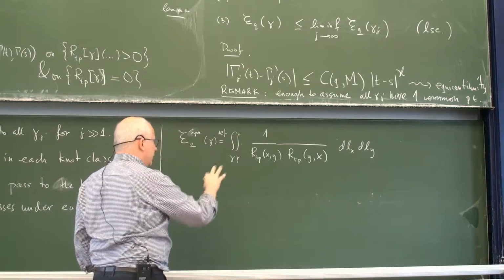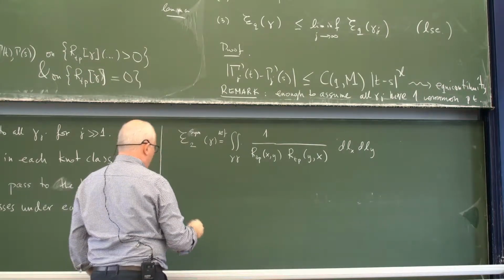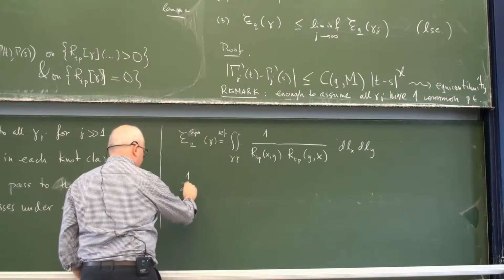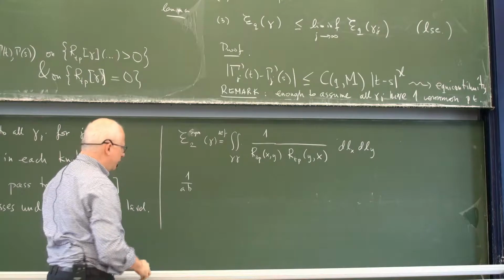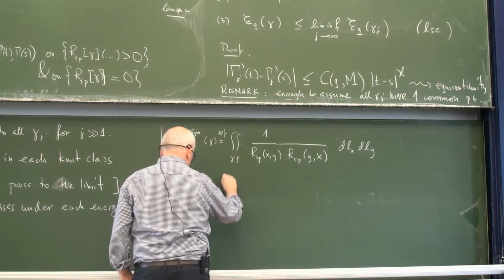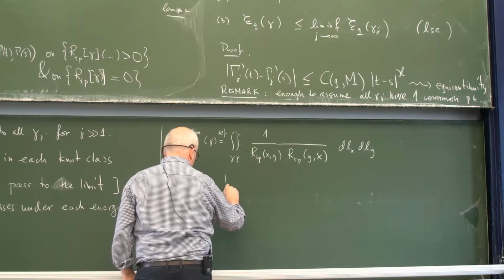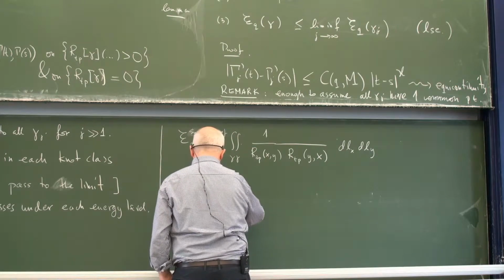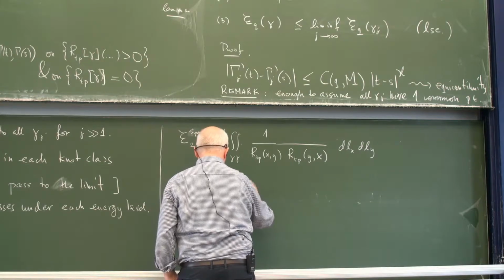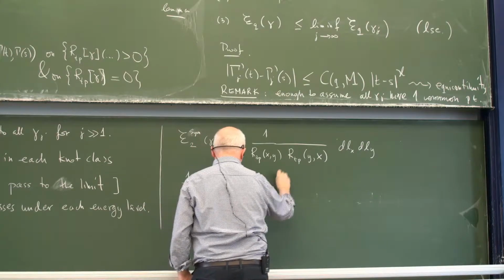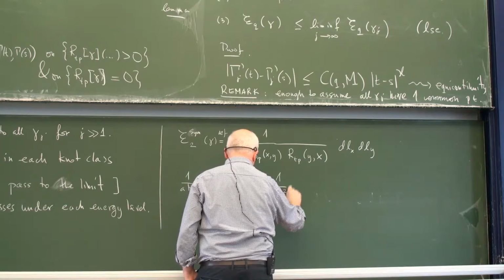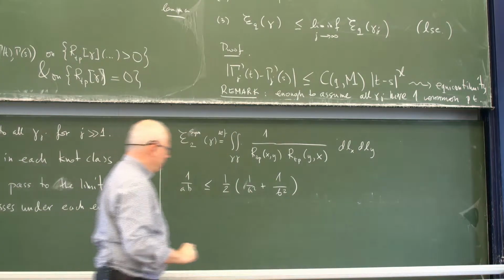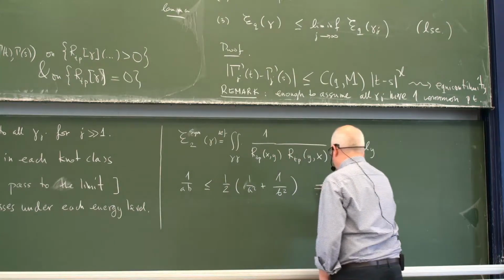What is the relation between this one and E2? Well, it is easy to see. You have the familiar inequality 1 over AB is less than 1/2 of 1 over A squared plus 1/2 of 1 over B squared.